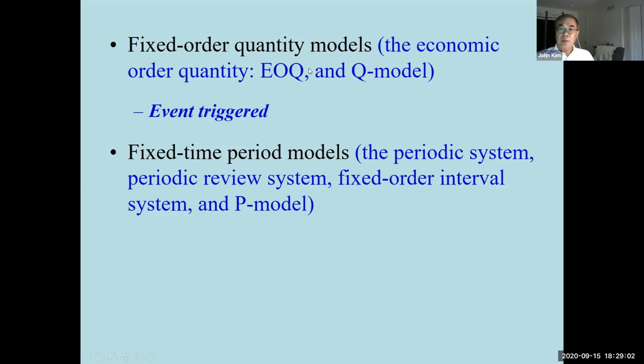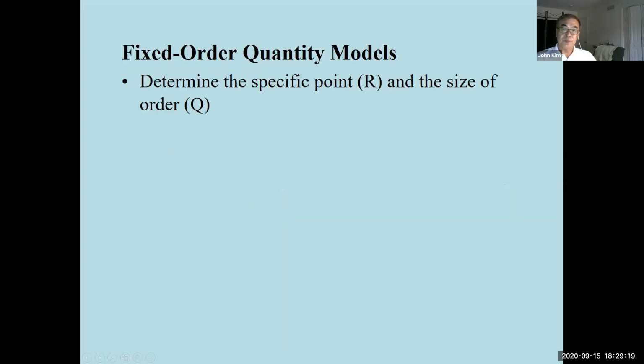And this EOQ model or Q model is an event triggered model. I will tell why it is an event triggered model later. And this one is a time triggered model. Fixed order quantity models determine a specific point, reorder point. R is reorder point.